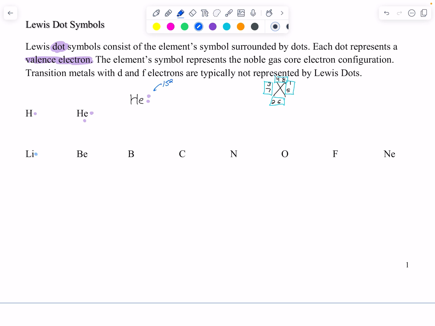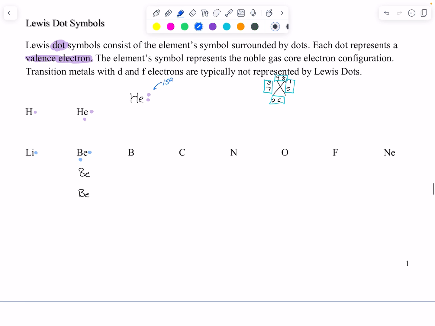So lithium, one dot. You're good. Beryllium, 2 dots. If you write beryllium this way, I'm happy. If you write it this way, I'd be happy in Chem 1. It doesn't matter to me, because when the 2s is full, I'm okay either way.